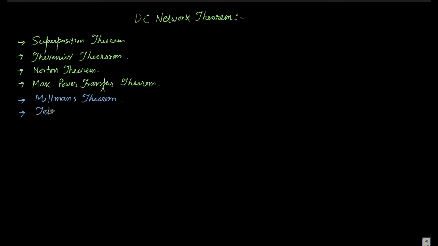Tellegen's theorem, or substitution theorem, and also compensation theorem. They are all nothing but classical methods to determine the voltage and current in the various parts of a complicated circuit.